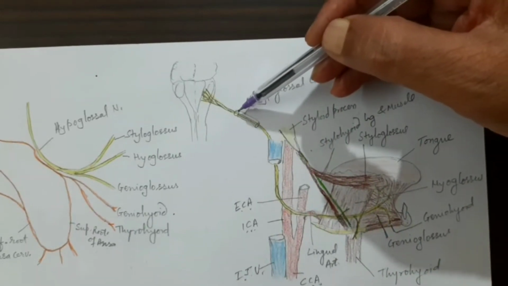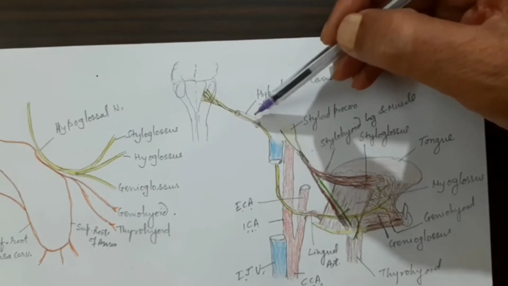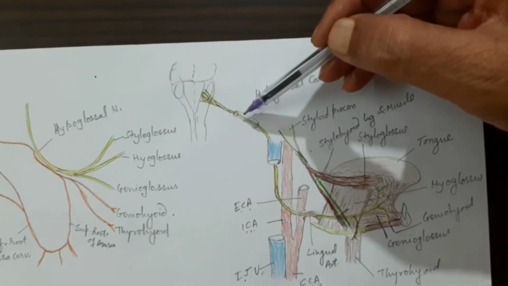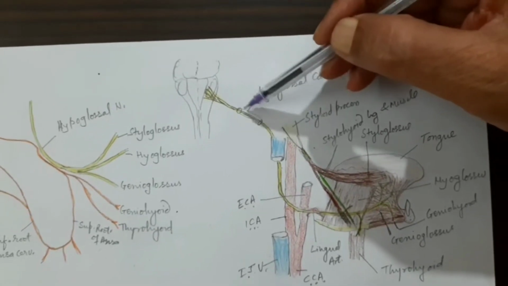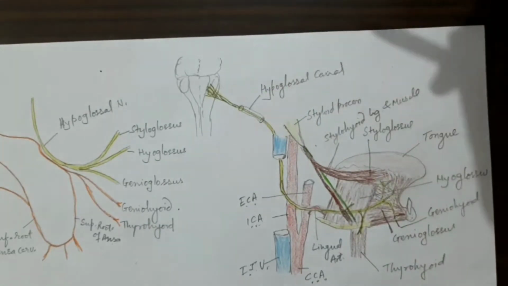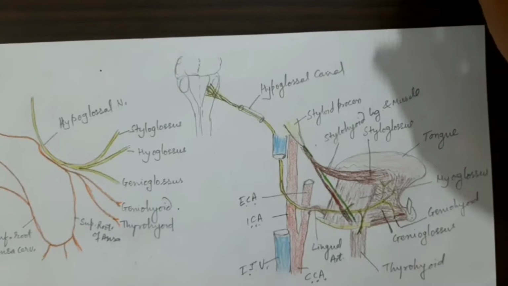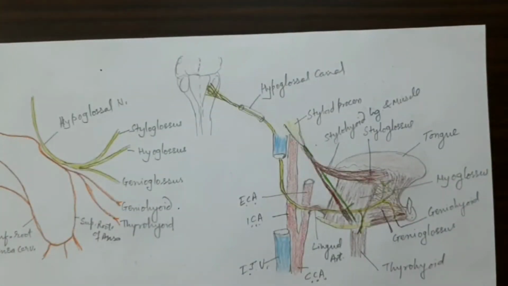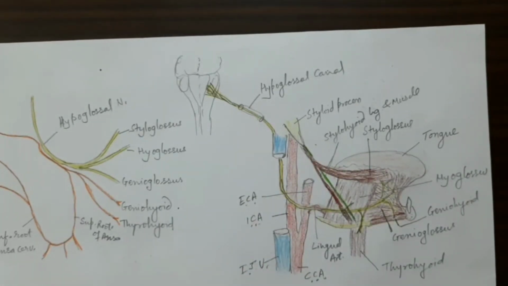The canal is just above the margin of the foramen magnum, located anteriorly, and the direction is anterolateral above the condyle. So this will go to the hypoglossal canal, run through the hypoglossal canal, and at the base of the skull it will come out through the hypoglossal canal.